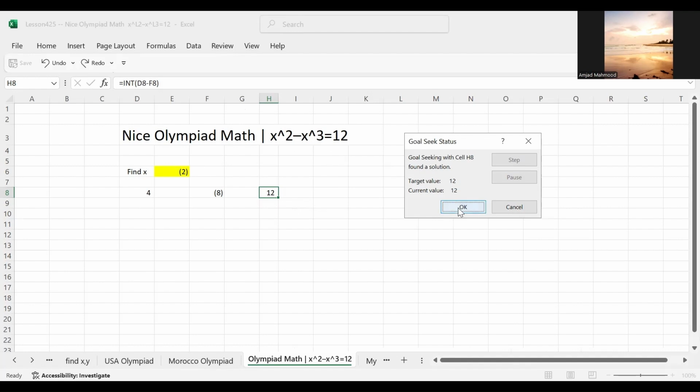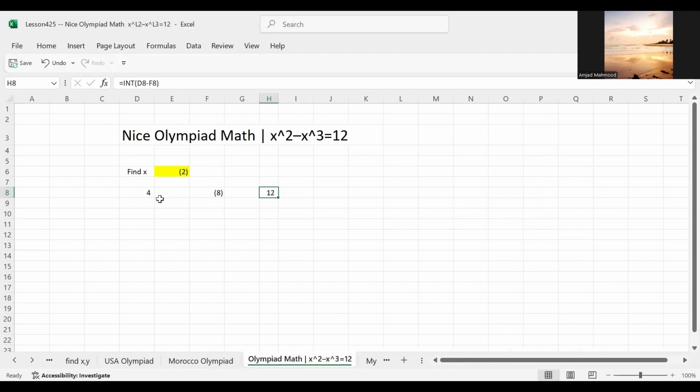Okay? So this is where you have to give due consideration that your target, your objective, the cell which you mark, has a proper formula to get the desired result. The desired result is 12, not 12.000001, right? So the goal seek may get confused that you wanted 12, but it has 12.000001. So it is not working, and it is going to give you an error condition that the solution was not possible.